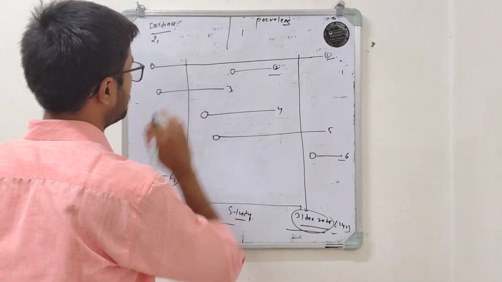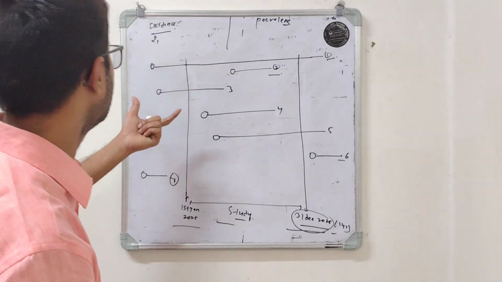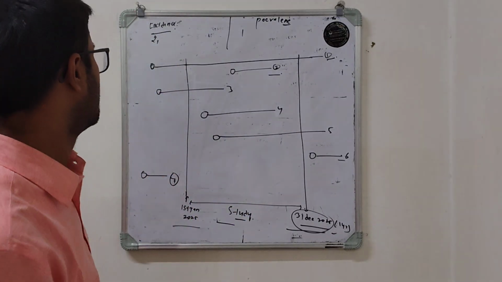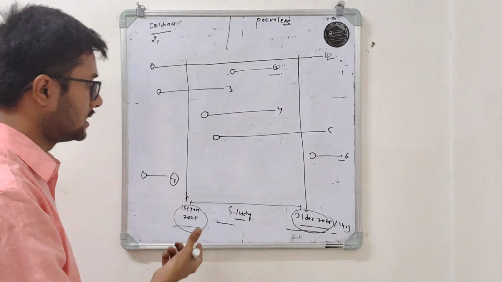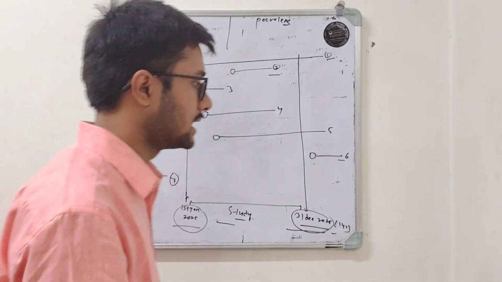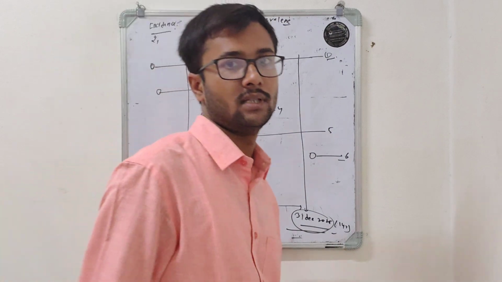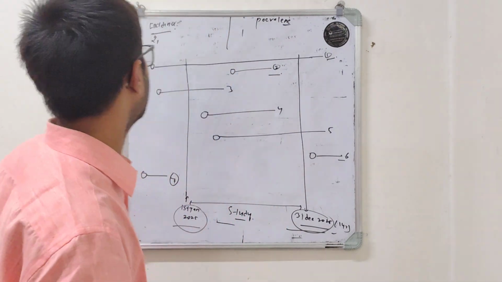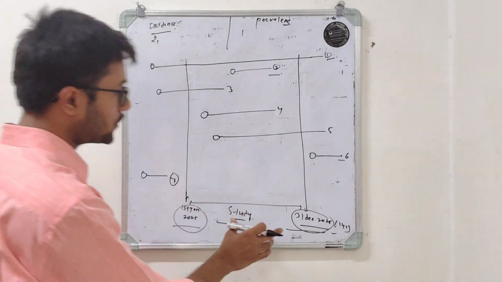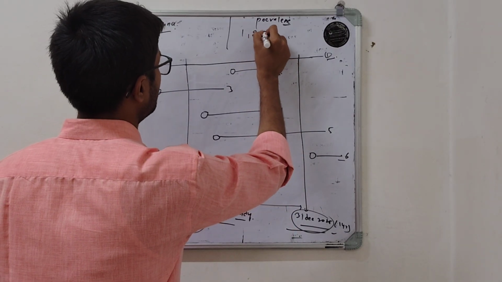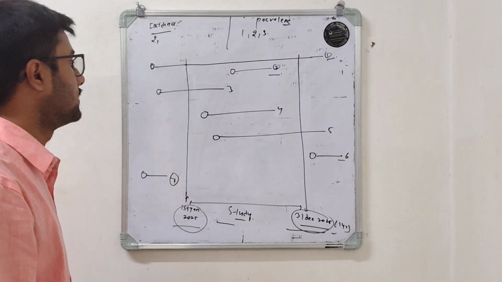What about the third person? The third person again, their illness began before the study period. Whenever any person's disease began before the study period, we do not put such data under the incidence, but we put it under the prevalence. So we put 1 and 3 under the prevalence.